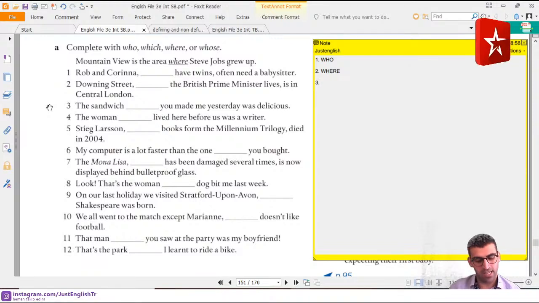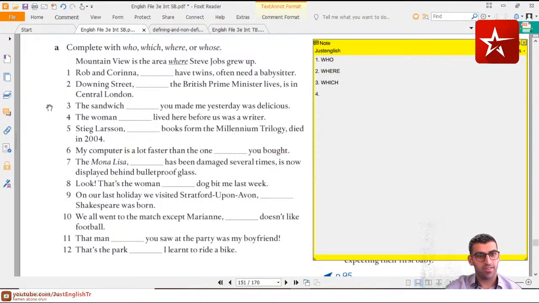They might give you some long-term disease in your future life. Yes, number 3, the sandwich which you made yesterday was delicious. That is the perfect answer, guys, which is correct. Wonderful.